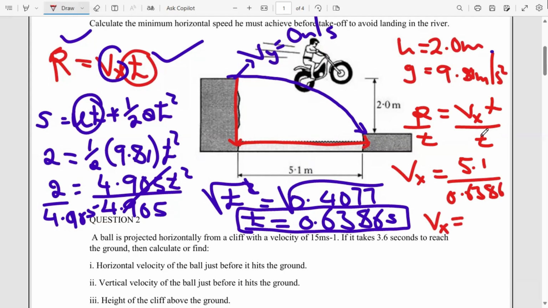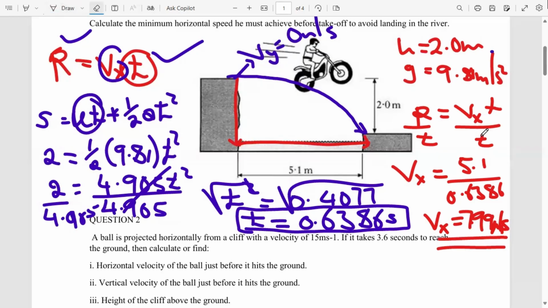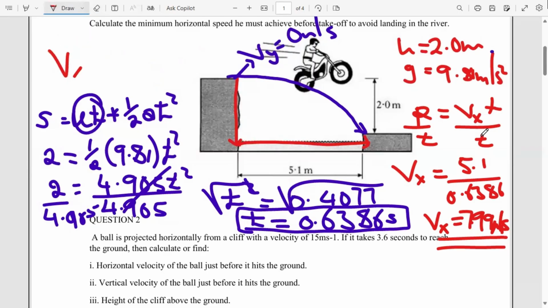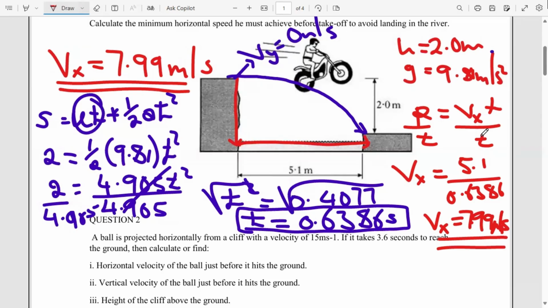Let me just punch this in: 7.99 meters per second. So if this guy doesn't want to land in the river, he should start off with an initial velocity in the x equal to 7.99 meters per second. And just like that, we are done with question one, or the first part of this particular question.